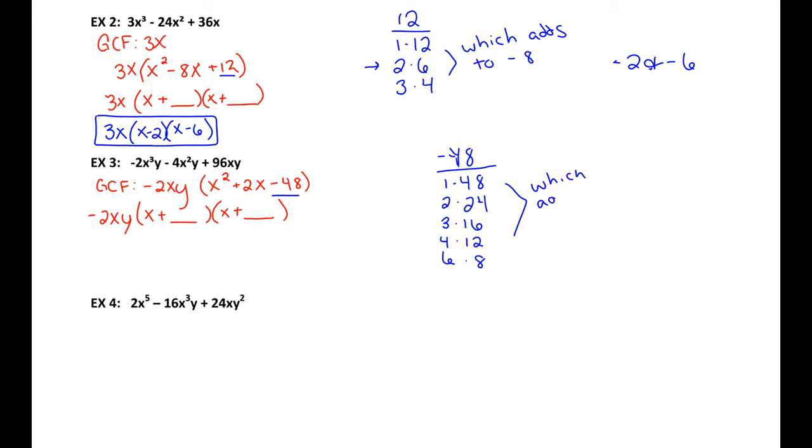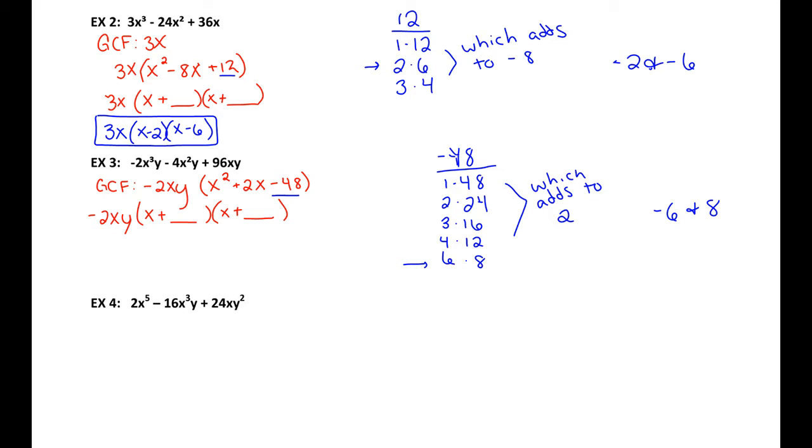Next, I need to decide which adds to my b value, which is a positive 2. So my only combination I can use down here is with the 6 and the 8. And for this to work, it's going to be a negative 6 and a positive 8. So negative 6 times 8 gives me the negative 48 I was looking for. Negative 6 plus 8 gives me my positive 2.